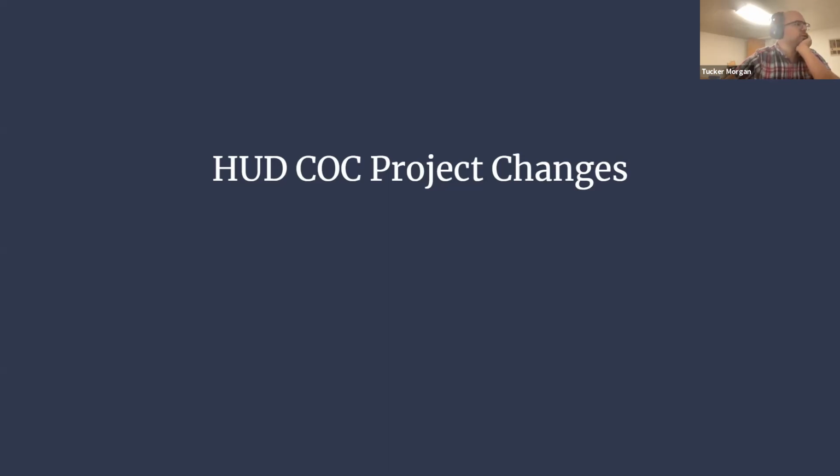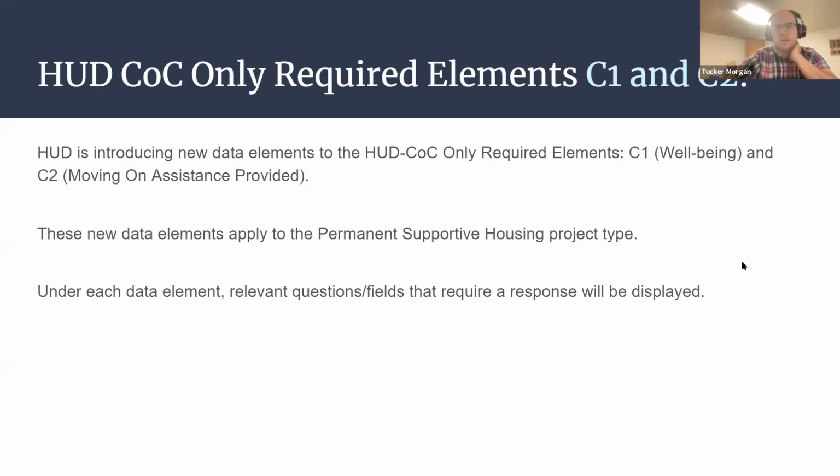If we go to the next slide, we'll have information. One of these elements is C1, which is some questions about well-being, and the second is C2, which is moving on assistance provided. These two elements will become available on October 1st for permanent supportive housing projects.